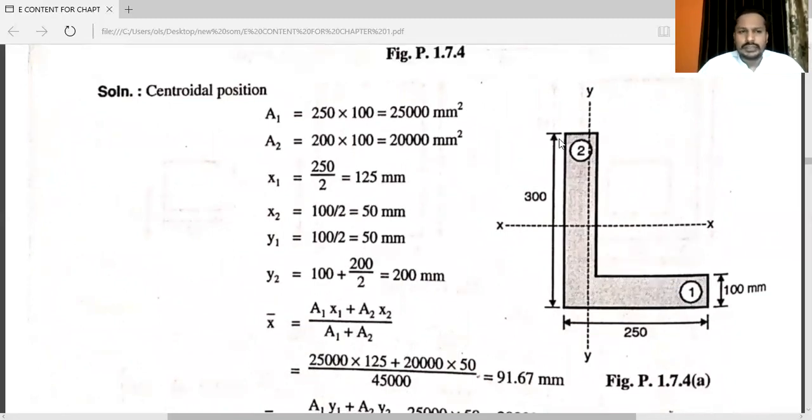To calculate the centroid point, we know the steps. First of all, you have to divide this entire L shape into two rectangular shapes. See the cursor, I'm moving it from this point. This is the first rectangle.